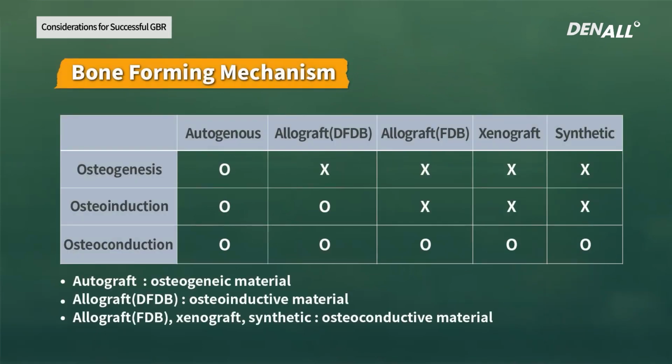Autogenous bone helps in osteogenesis, osteoinduction, and osteoconduction. In some allograft, like DFDB, osteoinduction is possible, and the rest contributes to osteoconduction. It creates and maintains space to encourage bone formation. The rest, allograft, xenograft, and synthetic bones, contribute to bone formation this way.